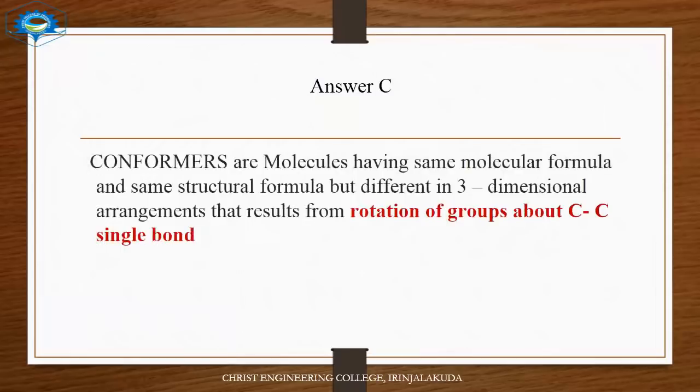That is conformers. What are conformers? Conformers are molecules having the same molecular formula and same structural formula but differing in their 3-dimensional arrangement. It is a type of stereoisomer, and this 3-dimensional arrangement results from rotation of groups about a carbon-carbon single bond.